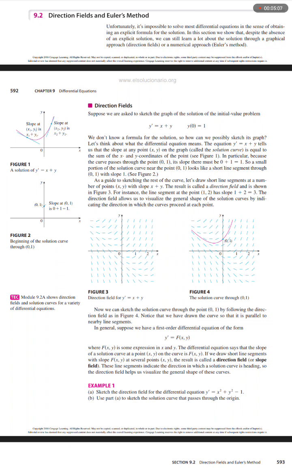If we draw short line segments with slope F(x, y) at several points (x, y), the result is called a direction field or slope field. These line segments indicate the direction in which a solution curve is heading, so the direction field helps us visualize the general shape of these curves.